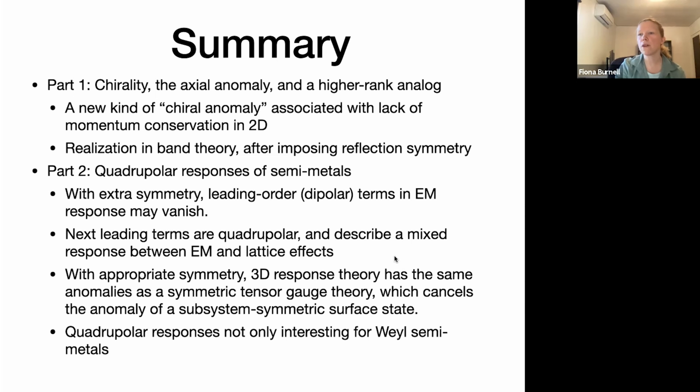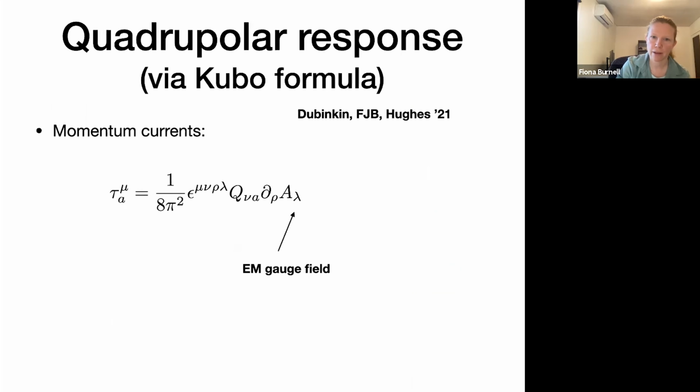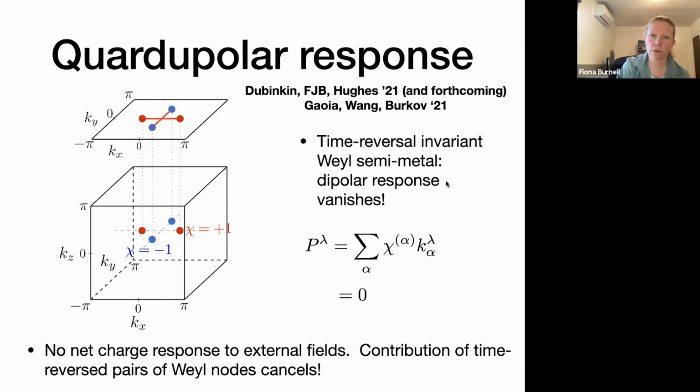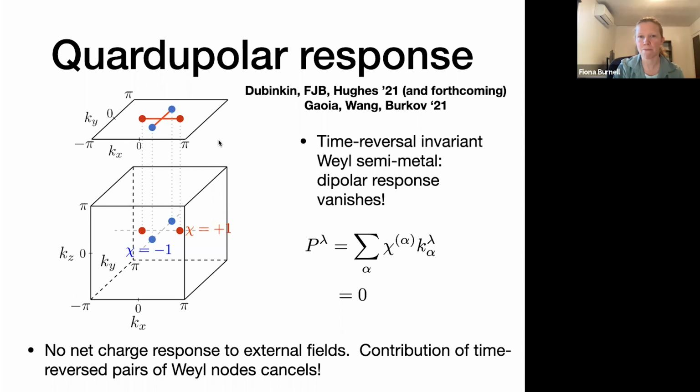Let me go back to a picture here. Do you care whether you have this actual singular crossing point, or could I just draw the Fermi arcs like this? Or like this? No, indeed, the bulk response does not depend on that.